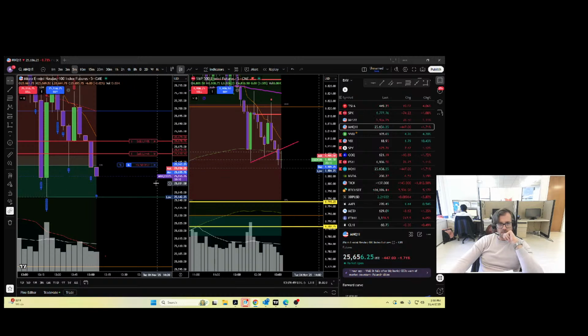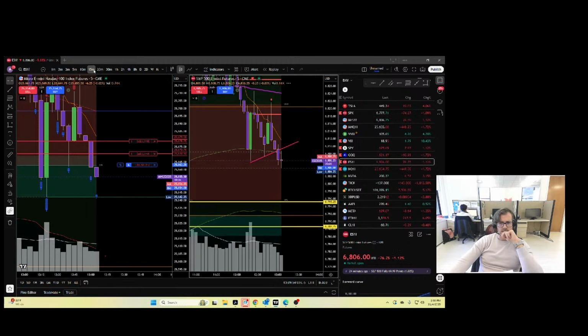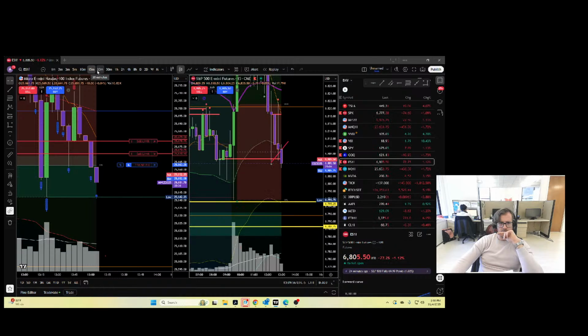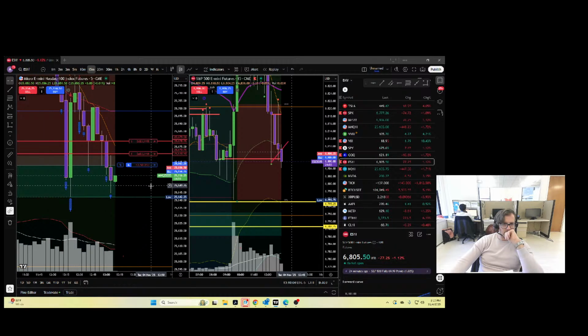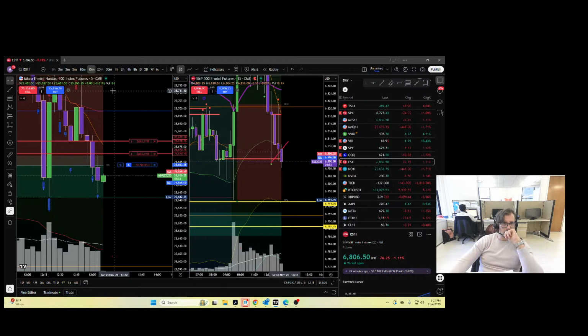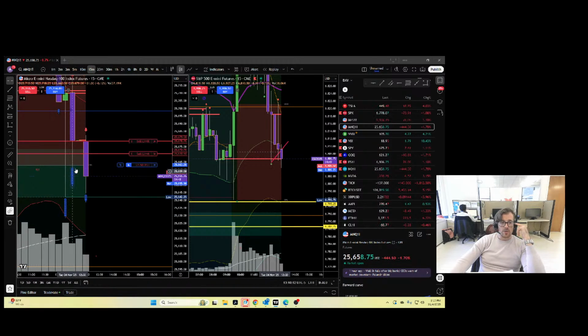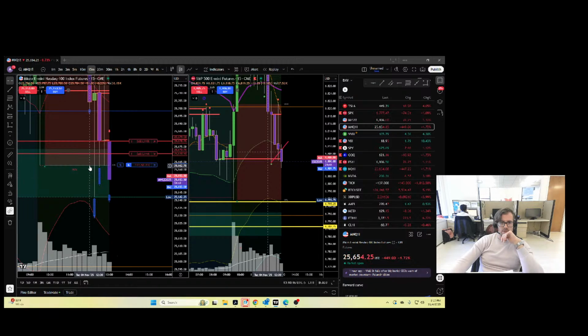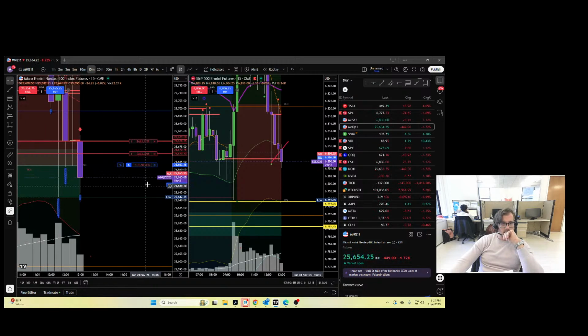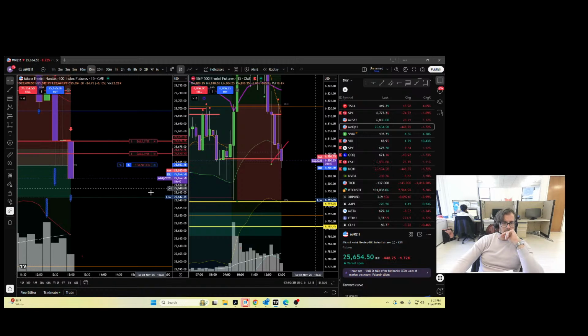I got 10 seconds on the 5. Let's look at the 15 actually. That's a level right there. So opening range low, if this closes below this level where I bought, it'll probably go much lower.